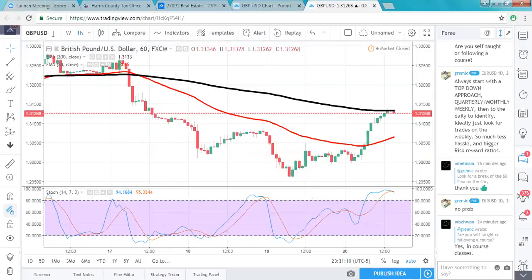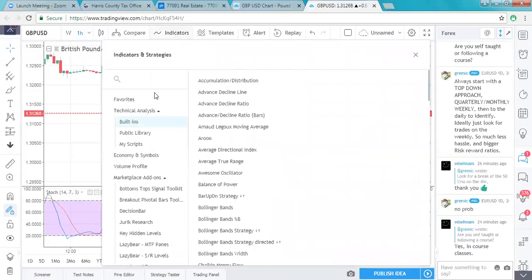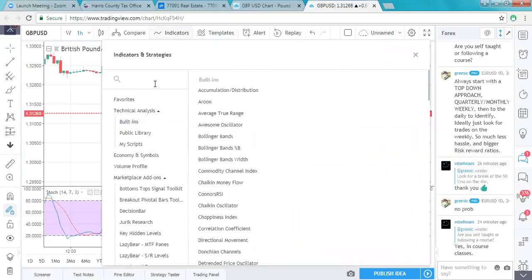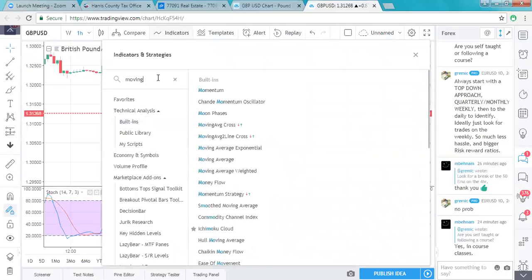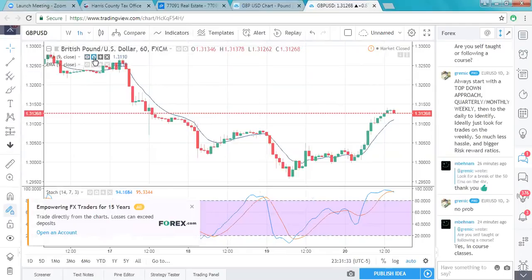So I typed in GBP USD, and from there, if you're just setting up your charts, you will go here to the indicators. You will type in moving average. Here, you're going to do exponential, and you're going to click it twice. And you click here where it says format.